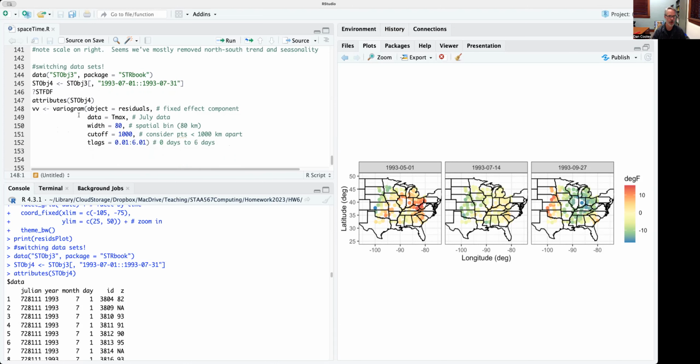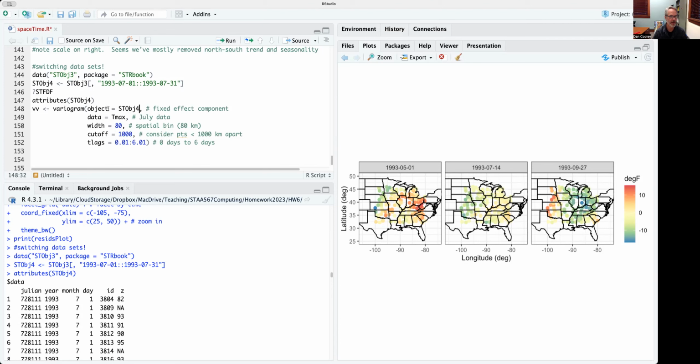We're going to use this tool called variogram. This is slightly different than the variog tool we used in geoR because it's going to do space-time. Let me, this is actually not what I want here. STJ4. Hopefully this is going to work.